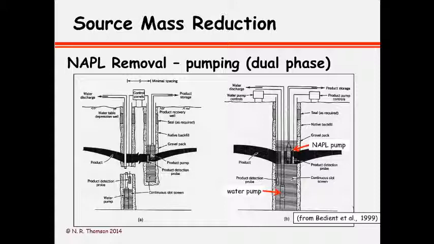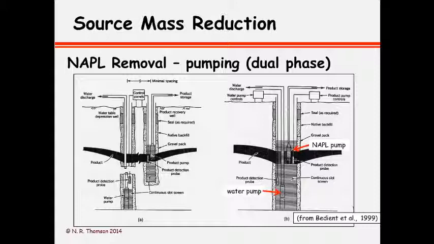Here are two sketches A and B, where we have a dual phase extraction system. We have a conventional well where we pump the aqueous phase from lower depth and pump the floating LNAPL product from the top.